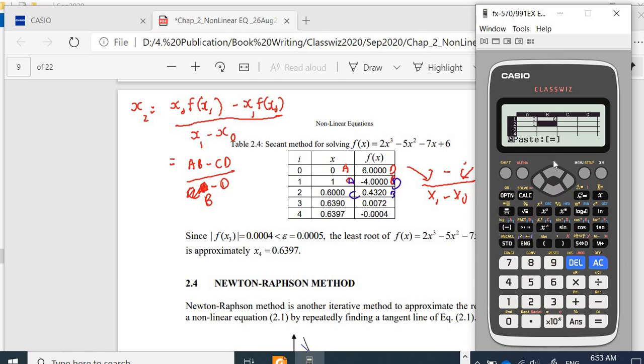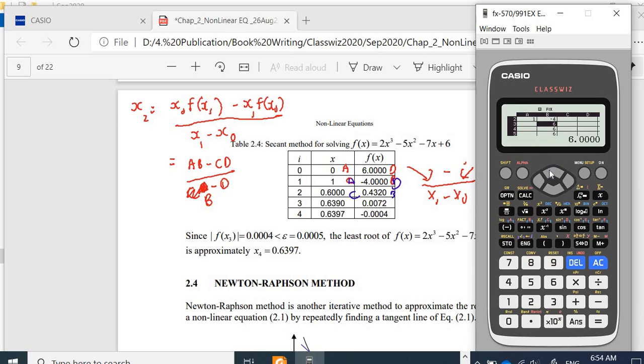Then I want to paste to cell B2, so I just press equal. I can copy and paste it several times, say paste up to B5. Once done, escape by pressing AC. So I have pasted several f(x) values.